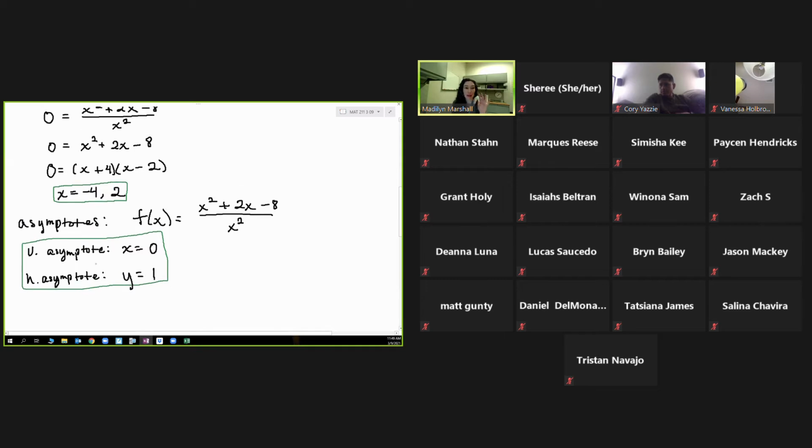So that is step 1, analyzing the function itself, finding the domain, finding all of the intercepts, and finding all the asymptotes. If this were just a regular polynomial, it might not have asymptotes, but if we have a rational function like this, it will.